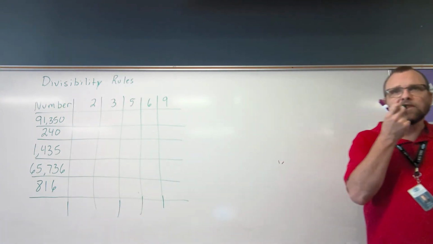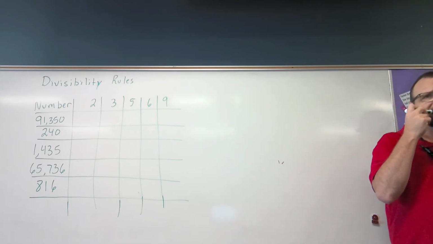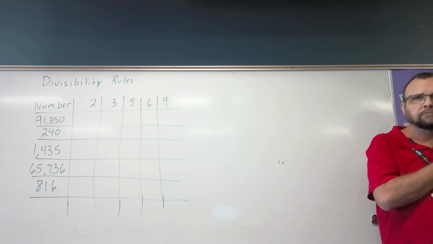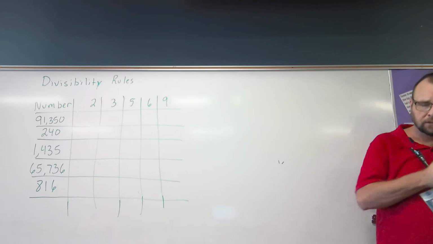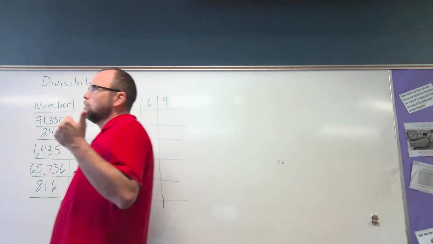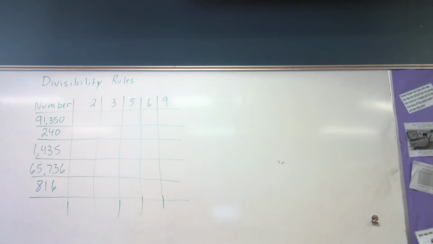Q, help me out. It is divisible by 2 because in the ones place, it's an even number. If the ones place is a 0, a 2, a 4, a 6, or an 8, the number is divisible by 2.